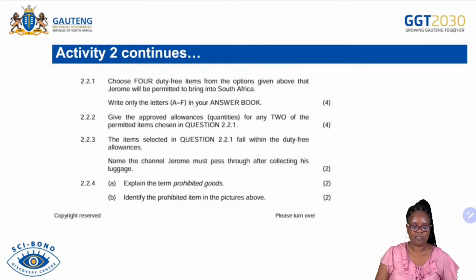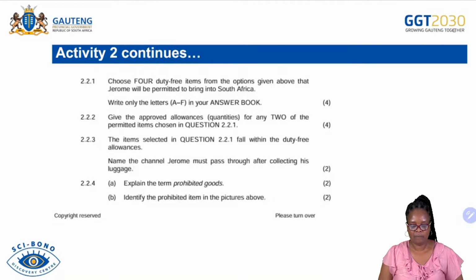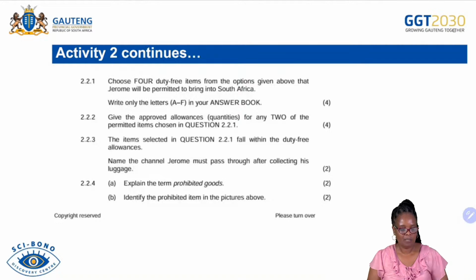You write only the letters. Please follow the instructions. So it will be B, which is the perfumes. C, which is cigarettes. D, which is the wine. And F, which is tobacco. Check if you got them right.